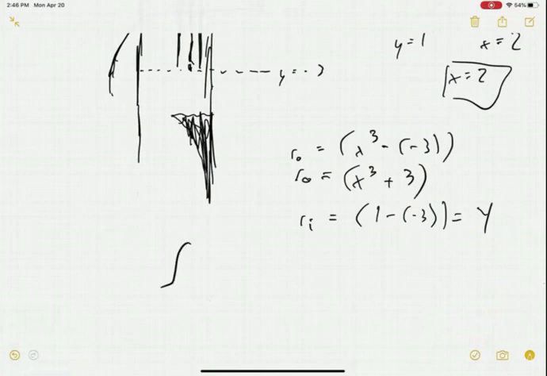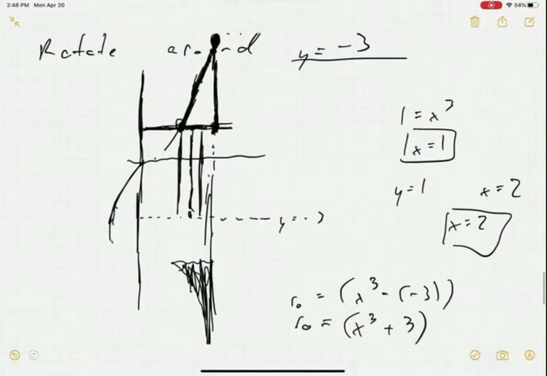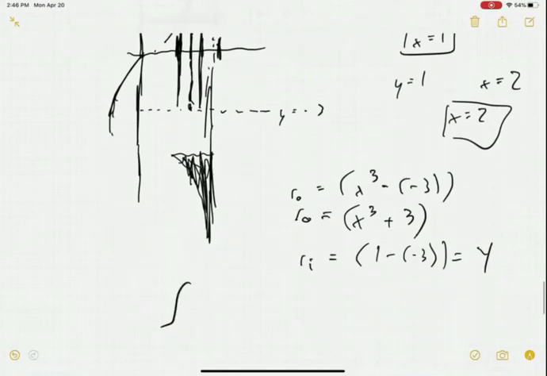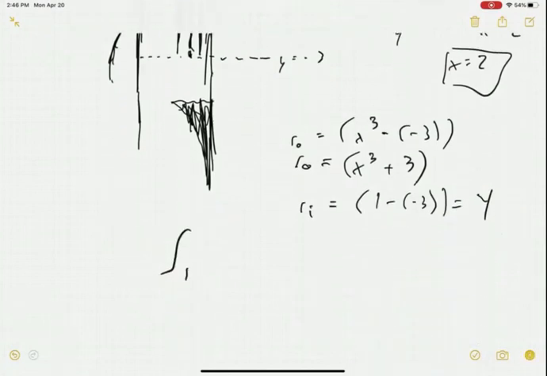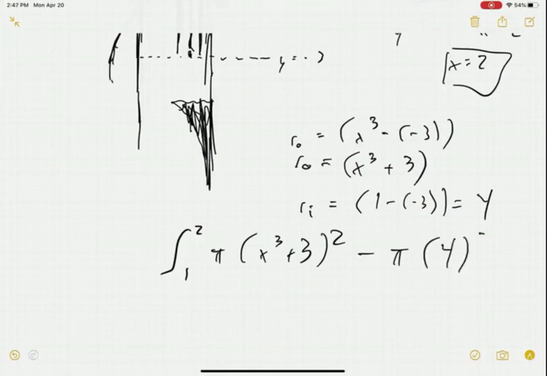Okay, and then where am I integrating? I'm integrating where my object exists. So from this x value to this x value, this we said was x equals 1. This is the line x equals 2. So I want to integrate from 1 to 2 of pi (x cubed plus 3) squared minus pi times 4 squared dx.